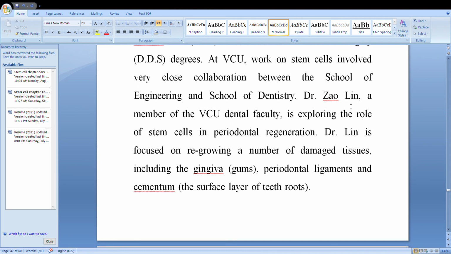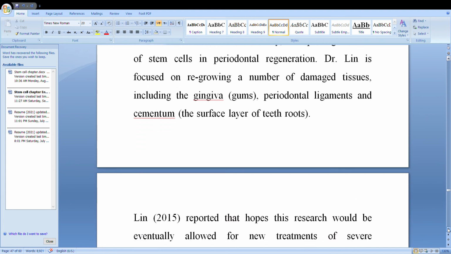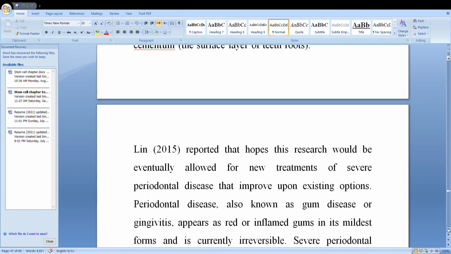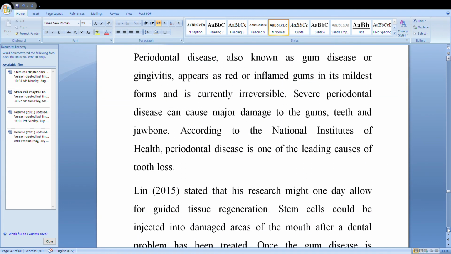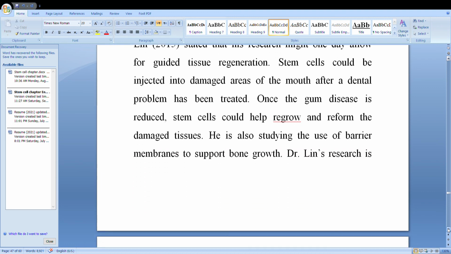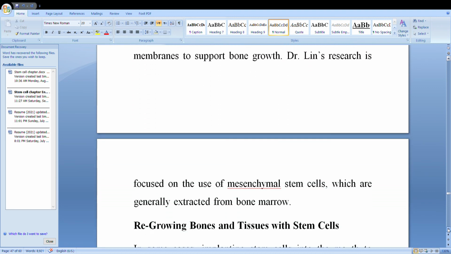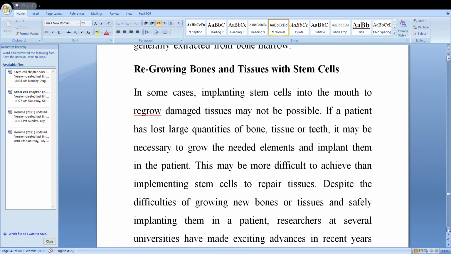Dr. Lau Lin did this research on dental stem cells for gums and jaws. He reported his results and got positive results. He explained his recommendations.